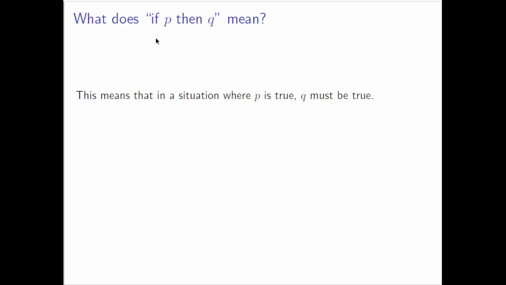So for this entire sentence, if P then Q, to be true, it means that in a situation where P is true, Q must be true. There's no other possibility. And that's summarized in this truth table. So if P is true, then Q must be true. We can't have P being true together with Q being false.